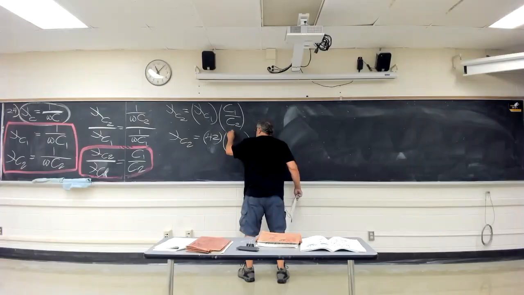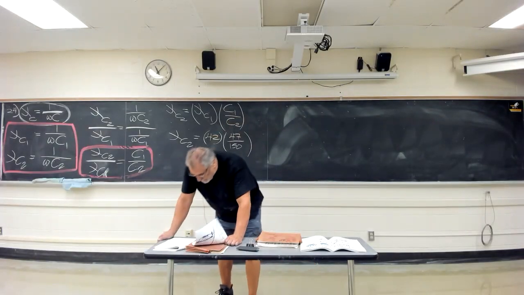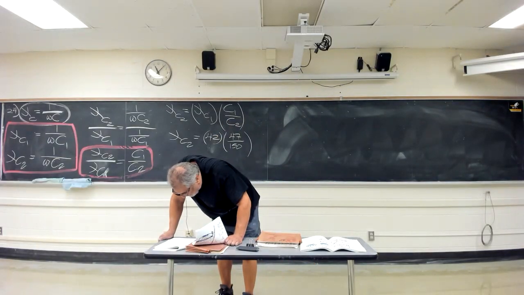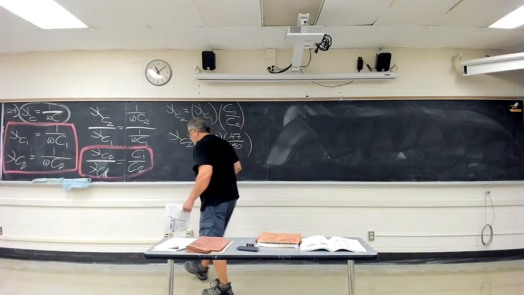This C1 was the one associated with the 47, and C2 is 150. These are microfarads, right? Just make sure, guys, we're speaking the same language here. Yeah, 47 microfarads and 150 microfarads. You've got to watch out.